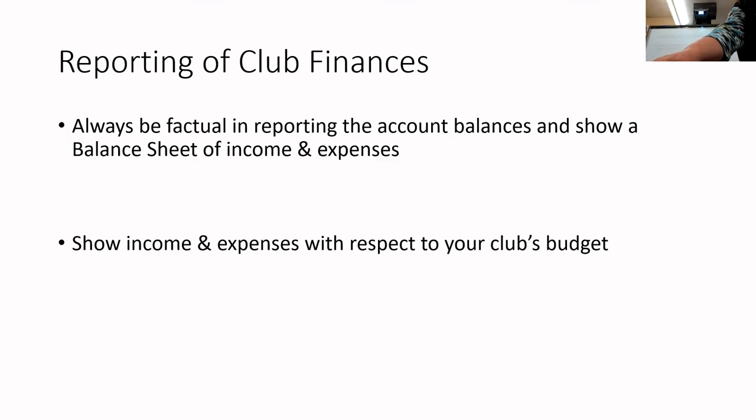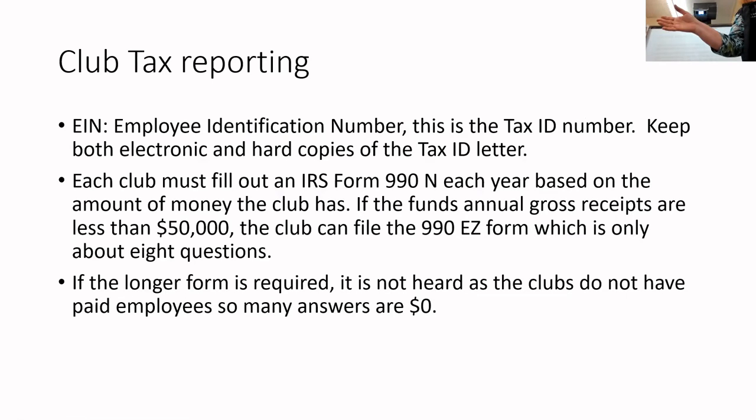Okay. Club tax reporting. This is the fun part. I say that tongue in cheek. Each of your clubs should have an EIN, or employer identification number. This is your tax ID number. I have found that it is best to keep both electronic and hard copies of the tax ID letter.